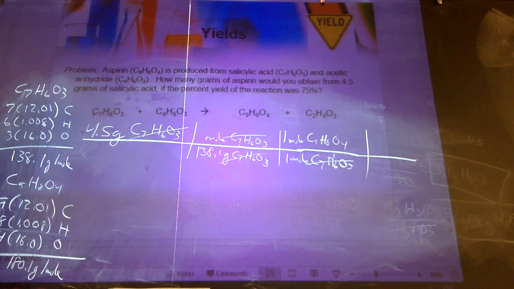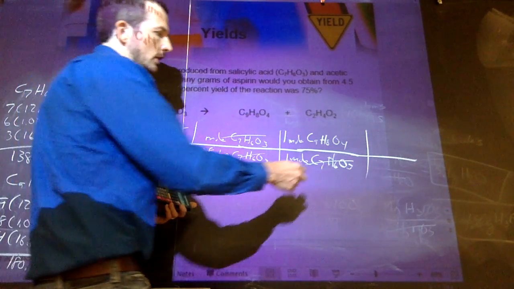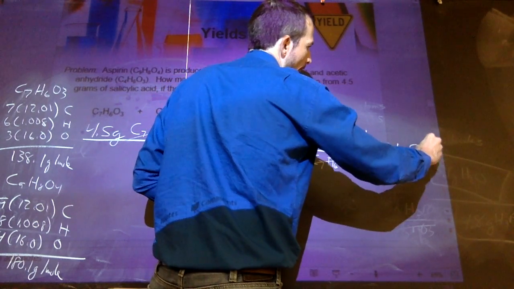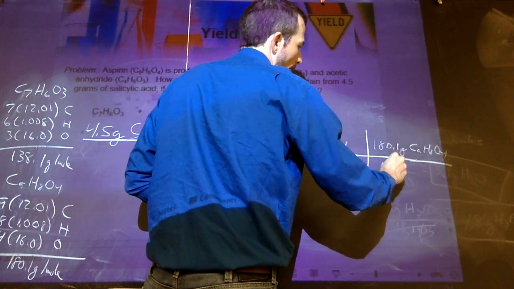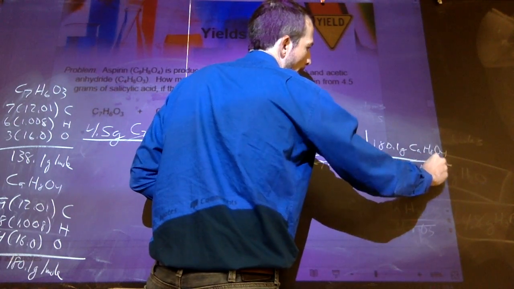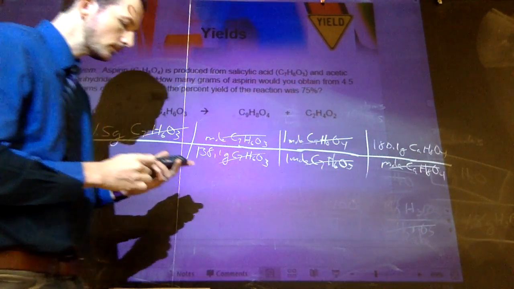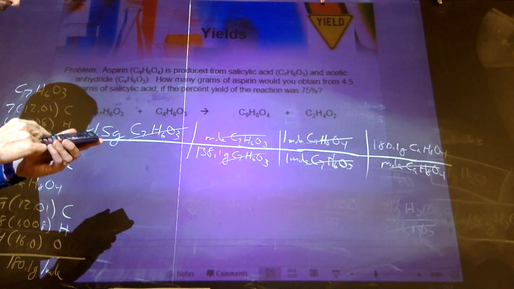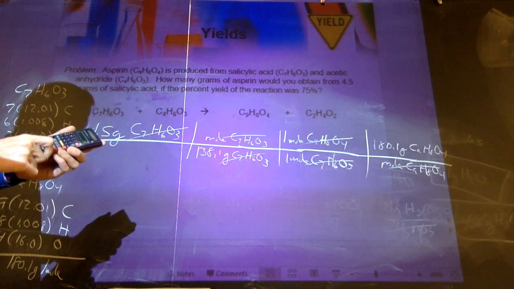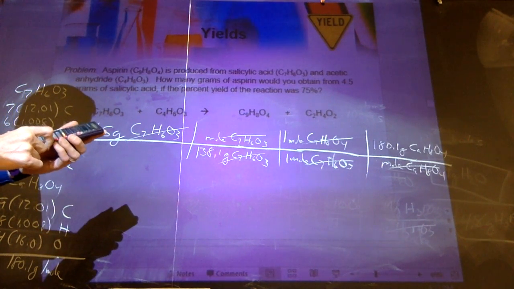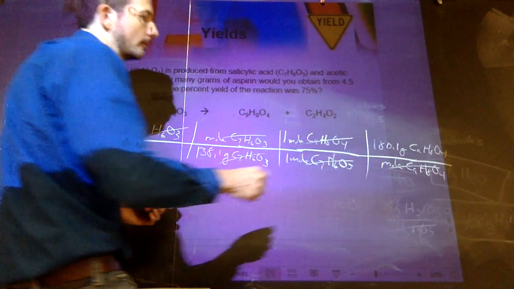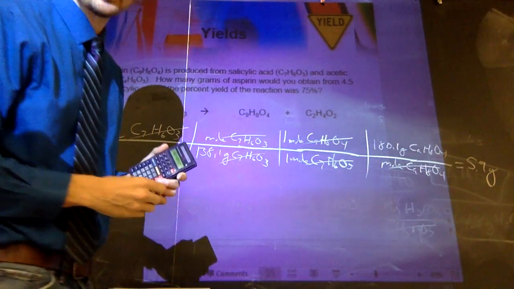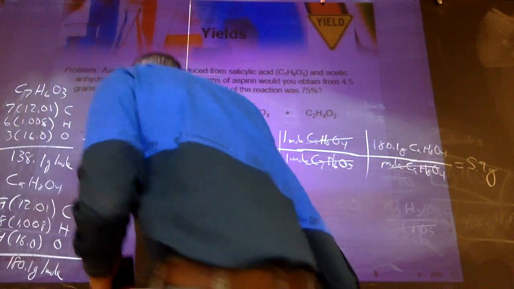So 180.1 grams per mole. So I come over here, I need moles on bottom, so I'll put my 180.1 grams on top. Then I get 5.86, somewhere around that, up to 5.9 grams of aspirin. So that's my theoretical yield.